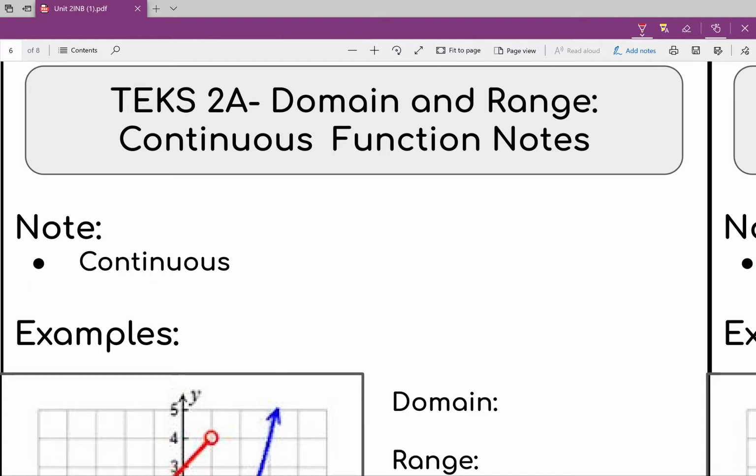TEKS 2A, domain and range, continuous functions. So just like yesterday when we talked about discrete, now we're going to talk about continuous.